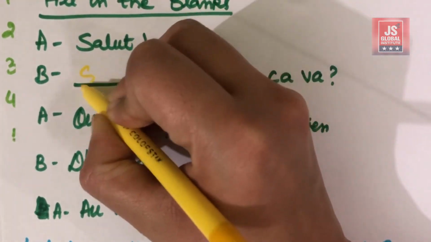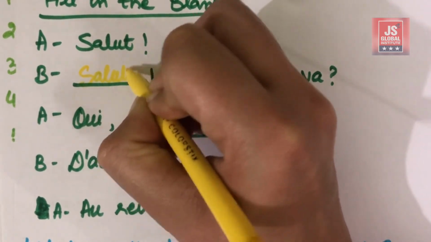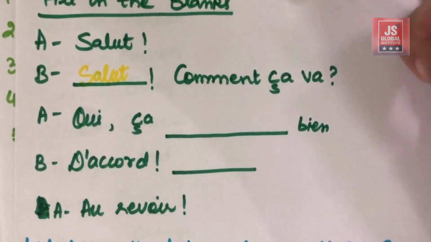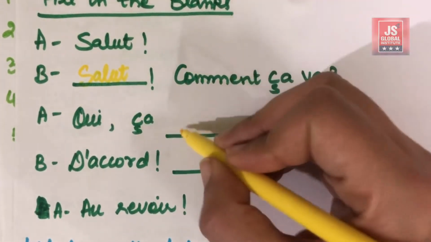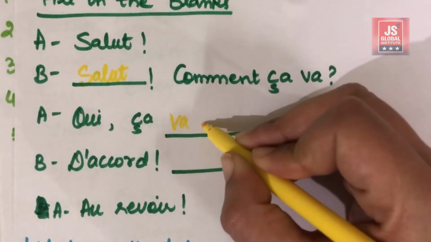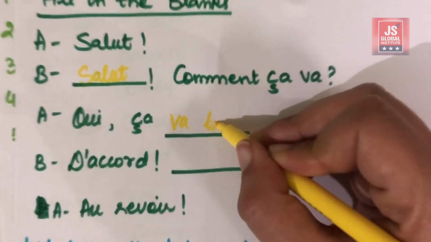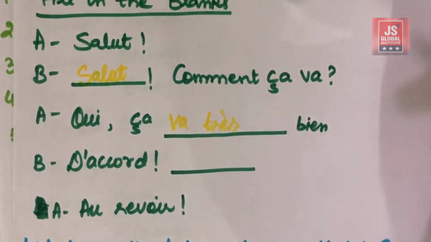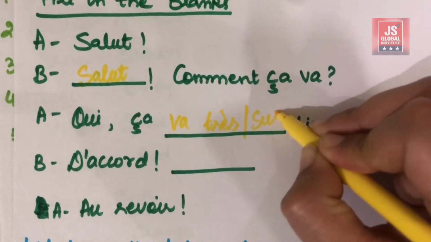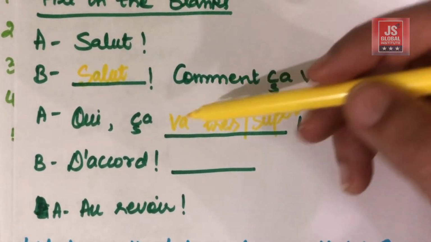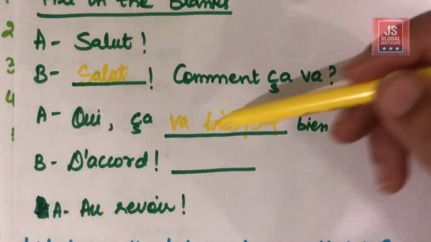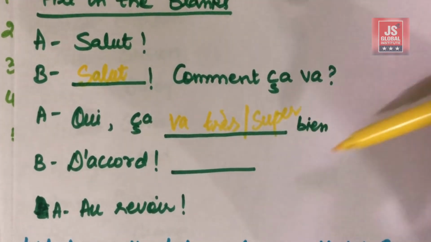So here the answer would be salut. Alright, Tu, ça va? Oui. Either you can write ça va bien, ça va très bien, super bien, or whatever can be your answer. But these two are the most suitable: ça va très bien or ça va super bien.